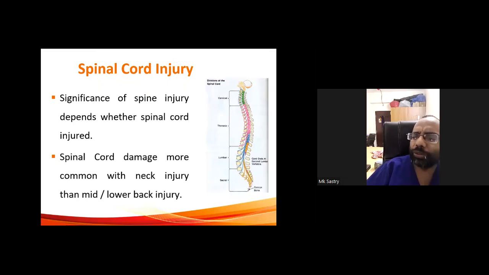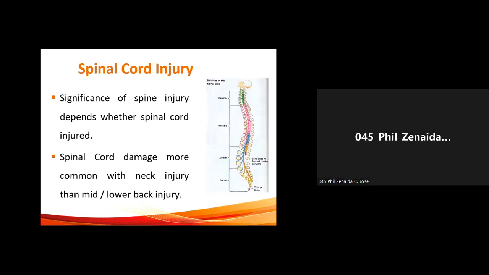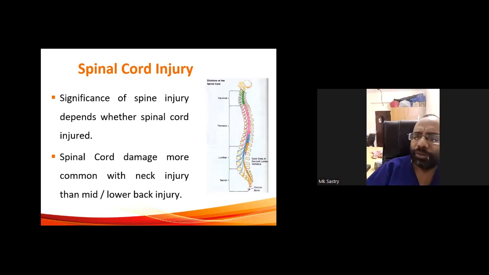There are many types of injury: myelopathy, partial, temporary, and transection. There is nothing called temporary. Temporary means a wedge fracture, which is automatically recovered. Otherwise, compression fracture is the main injury, right?